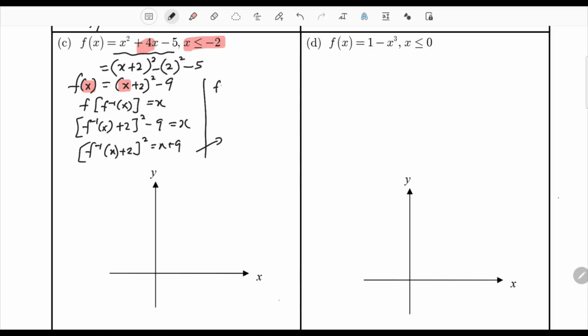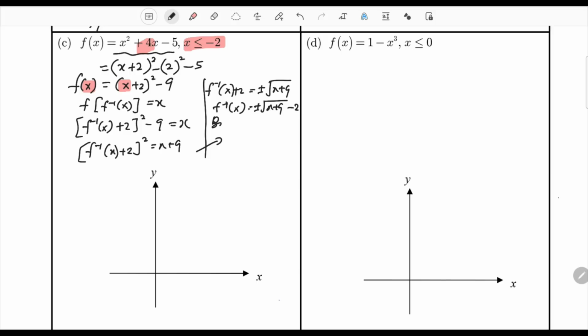So we have f inverse of x plus 2 equal to plus minus square root of x plus 9. Okay, not enough space, so let's rewrite it. So f inverse of x plus 2 equal to plus minus square root of x plus 9. So f inverse of x equal to plus minus square root of (x plus 9), minus 2. Make sure that minus 2 is outside the square root.